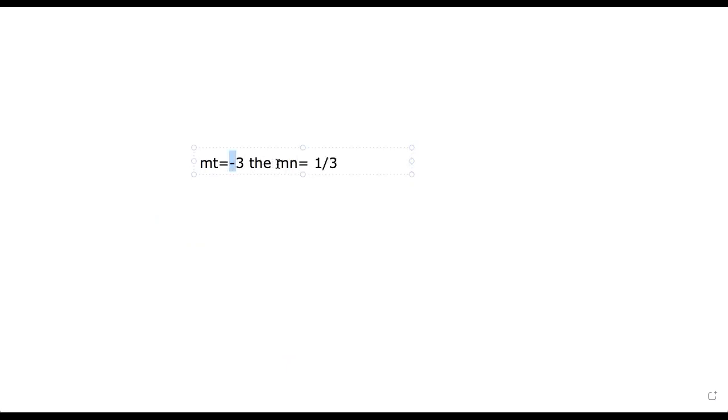Here we have a negative sign. The MN would have the opposite sign, and we will flip the number. We will take the reciprocal of it, and then we know the y is equal to 4 as previously stated. Now for the normal, we know two things: the MN and the y.